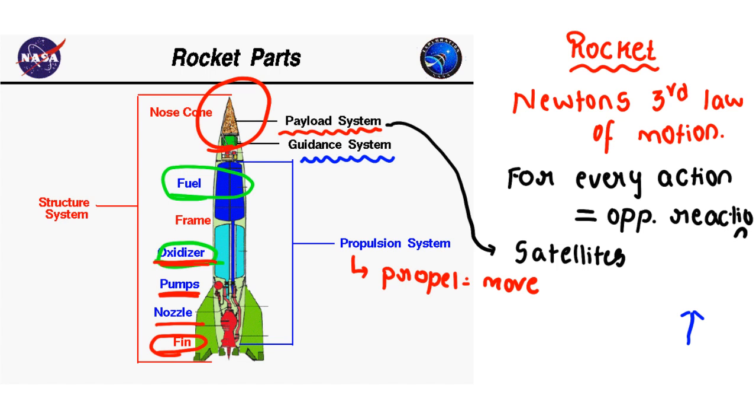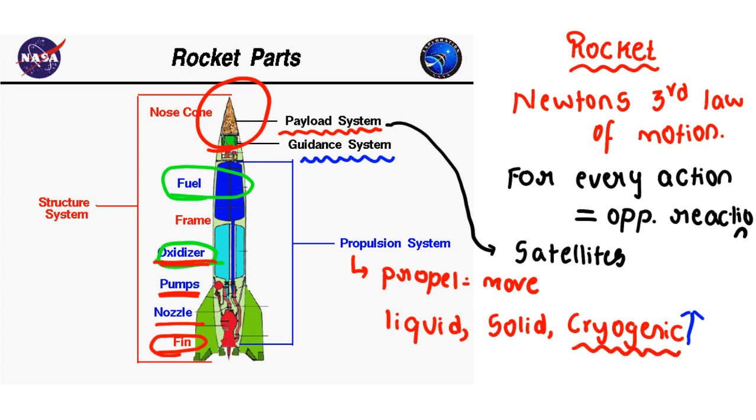The fuels that we use for the rocket are liquid fuels, solid fuels, and then cryogenic fuels. Then what is this cryogenic fuel? In one of our concept series we have explained what is the meaning of cryogenics. Clear?